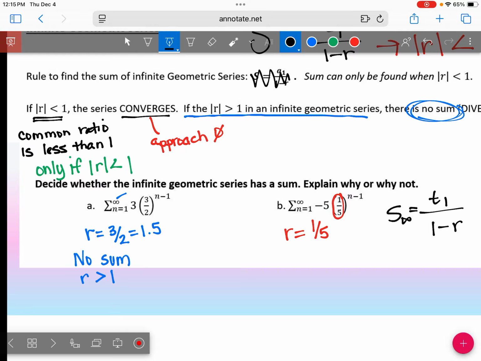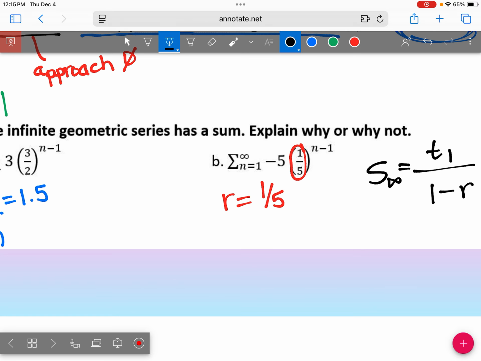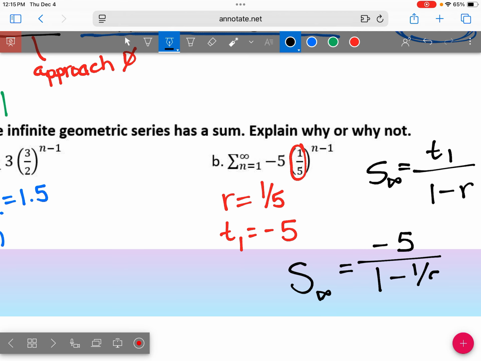So my r value is 1/5. T1 is -5. So this one does have a sum. My sum is going to equal -5 divided by 1 minus 1/5.